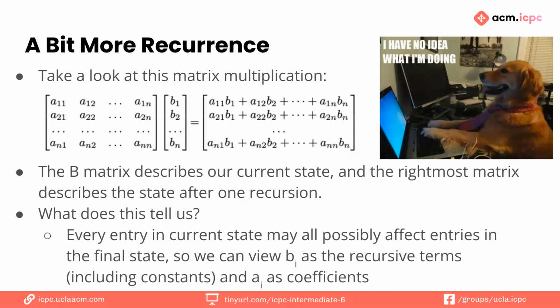And what does this tell us? Every entry in the current state, as we can see, B1 to Bn, appears in this matrix. So every entry in the current state may possibly affect the final state. So we can view Vi as our current state, including constants, and Ai as some coefficients.